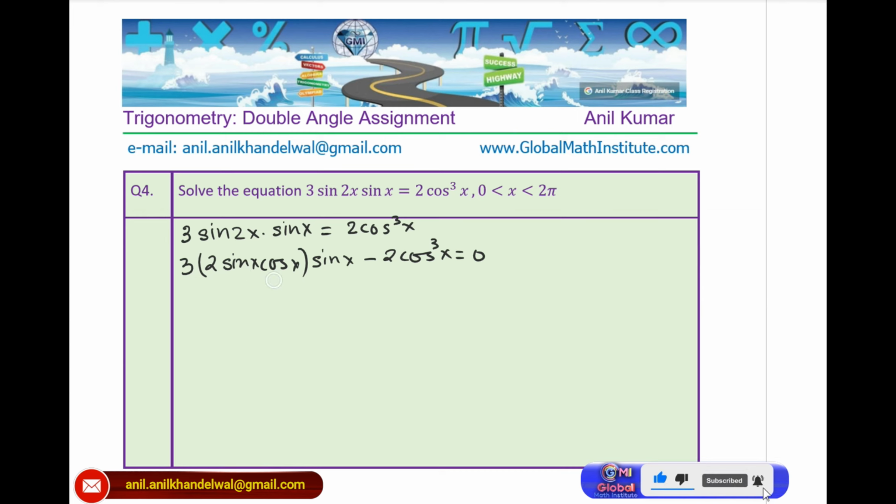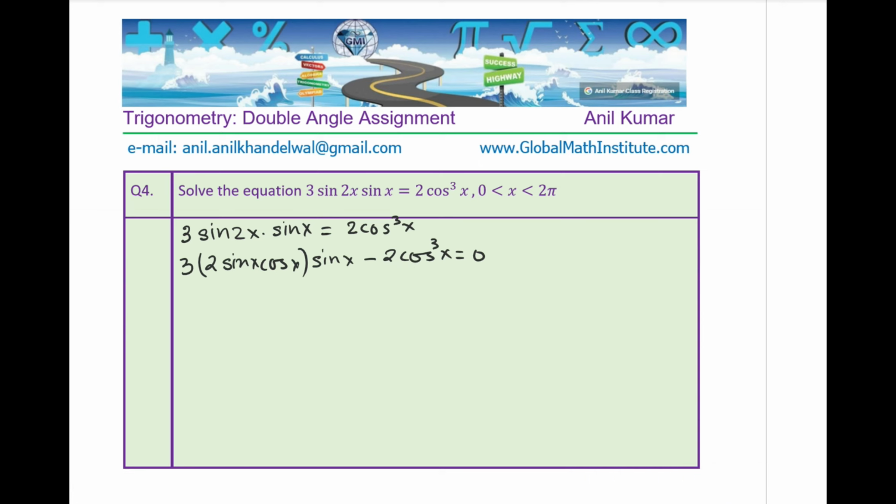We can take cos x common, right? Factor it. We can multiply this. We have sin square x cos x minus 2 cos cube x equals 0.